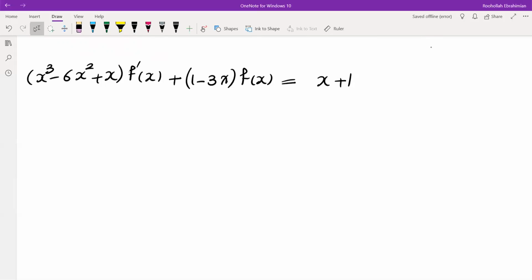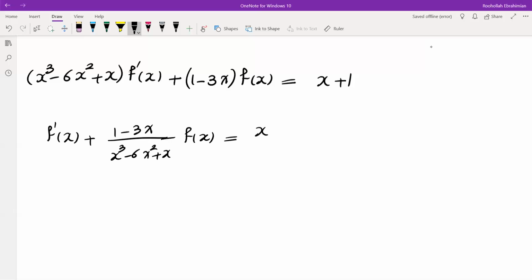I'll just divide off and I'll try to find an integrating factor. So I'll divide off by x cubed minus 6x squared plus x, and then I'll find the integrating factor.